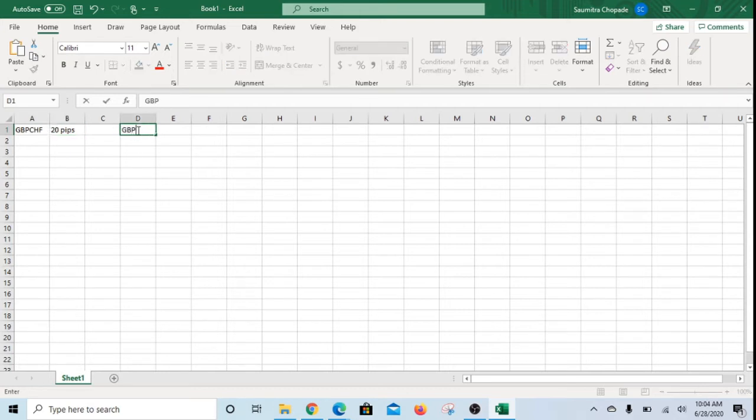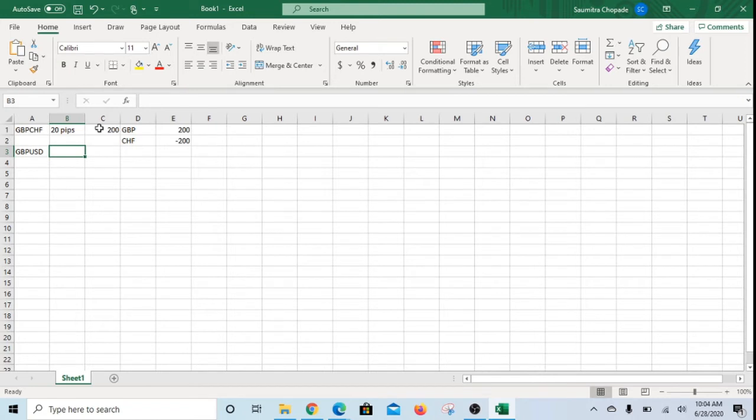That is then broken down into individual currencies, and the prices are also converted to points. In this case it is 200 points. So GBP gets 200 and CHF gets minus 200 in this example. Let's say that we now check GBP and USD, and let's say that it went up by 15 pips.